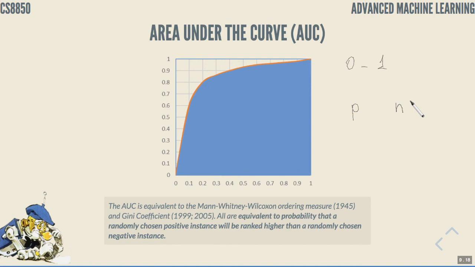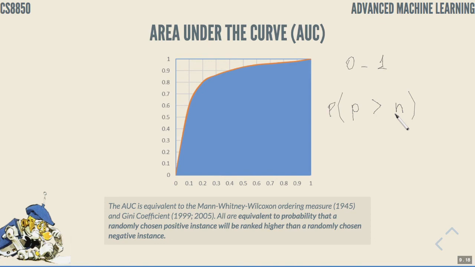That's all. So it's the probability that in the rank order a randomly chosen positive will be placed higher than a randomly chosen negative, which means the score of a randomly picked positive sample will be higher.